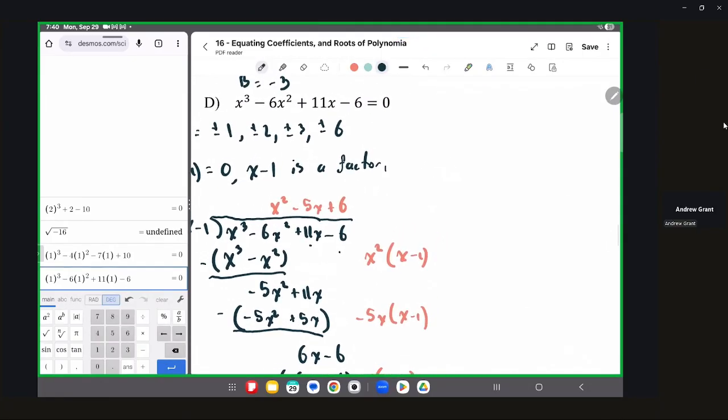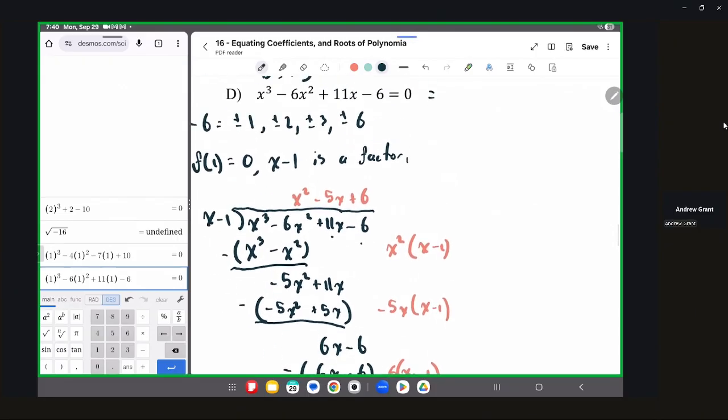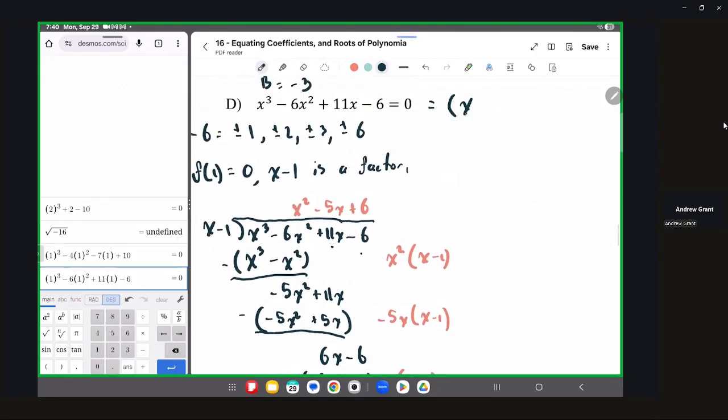So we know that this thing will now factor to x minus 1 times x to the power of 2 minus 5x plus 6. So we can now look at this portion.